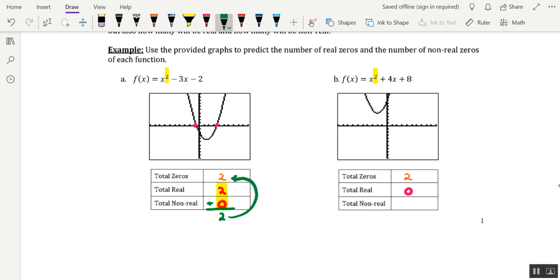Well, if we know that the total number of real and non-real should add up to the total number of zeros, which is 2, then that would mean there are going to be two non-real zeros. So all the zeros for this polynomial function will have i's with them. And that's something I definitely encourage you to verify on your own. So you can set this equal to 0, maybe use the quadratic formula and solve for x.